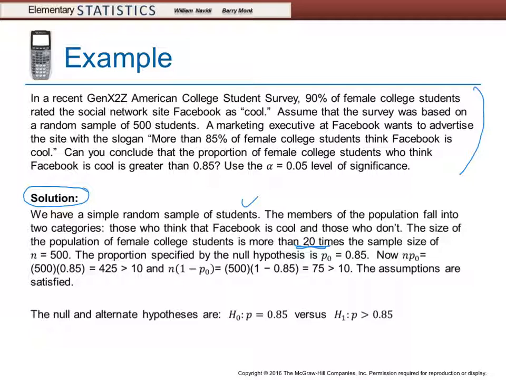So 500 out of how many there probably is throughout the nation. The proportion specified by the null hypothesis is 0.85. And so we know that n times p is greater than 10, and n times 1 minus p is greater than 10 as well. So these assumptions are satisfied, and of course the next step is to set up the hypothesis test, which we did earlier.